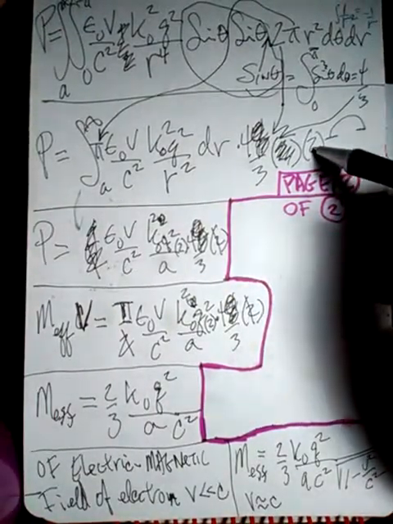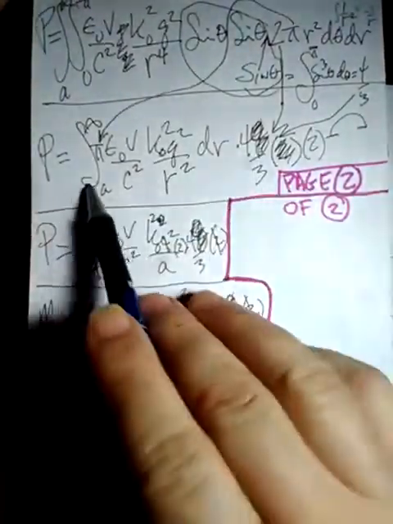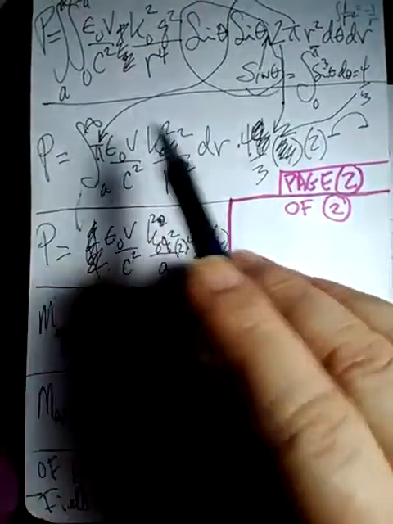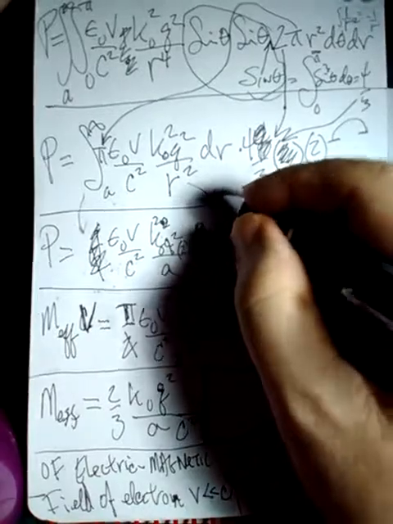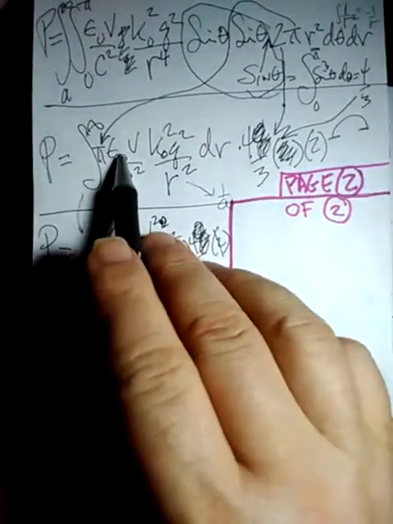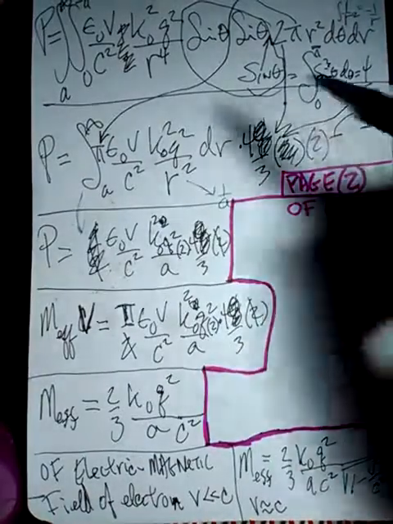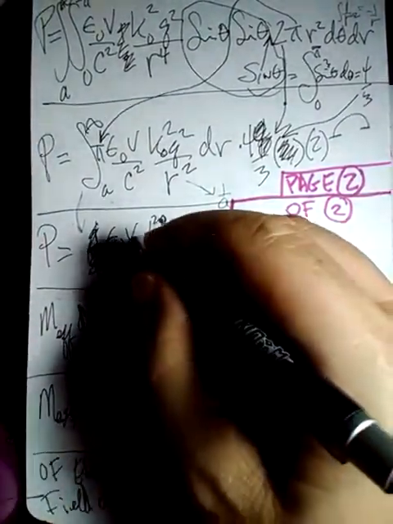Okay? So I think everybody here is here. Now we'll do the integral of 1 over r squared, which I told you, just like before, turns into 1 over a when you do that integral. 1 over a. So we have these people, we have those people, we have the pi. I think we lost the pi.